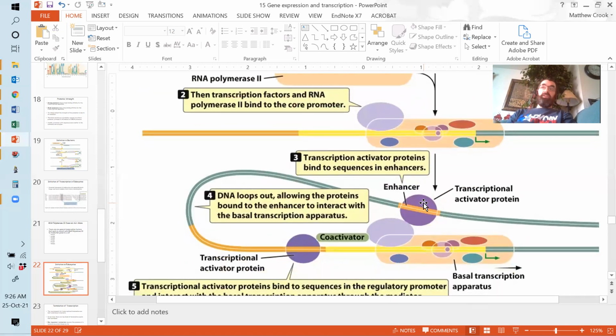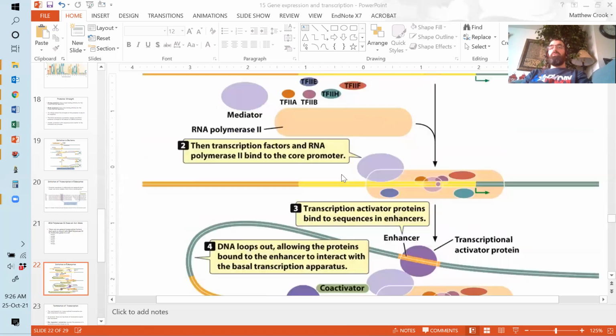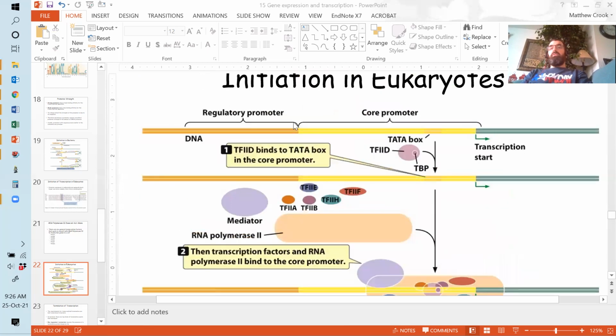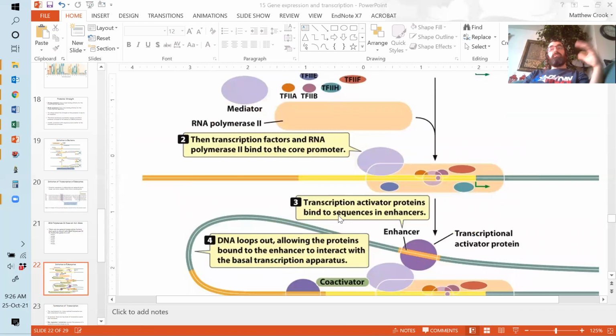And funnily enough, these are called transcriptional activator proteins. These may bind to regions in the regulatory promoter that's next to the gene. It's called cis regulation because it's kind of next to. Or they might bind regions in the DNA way, way farther away.